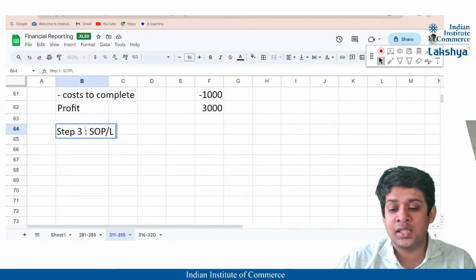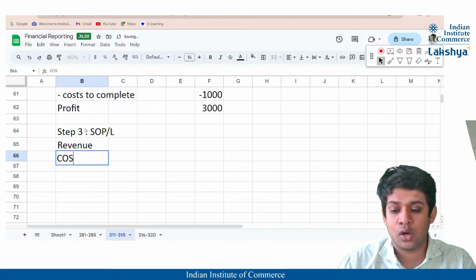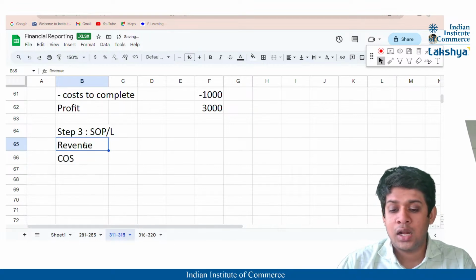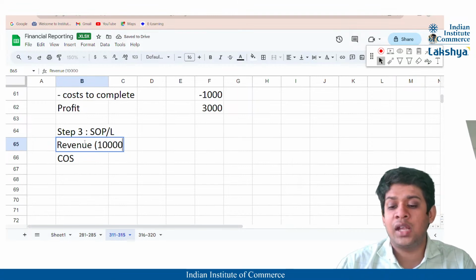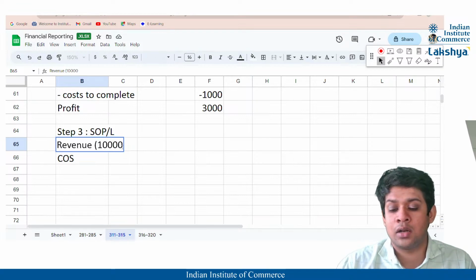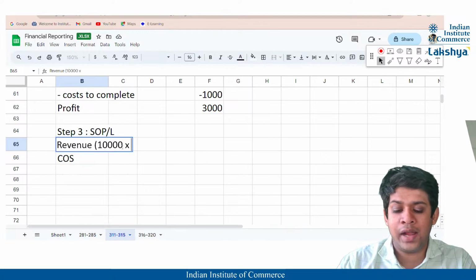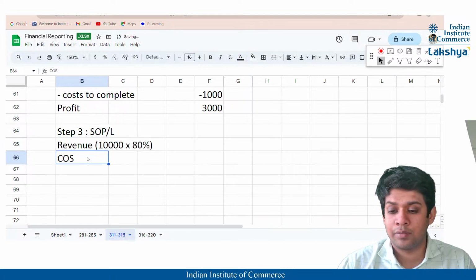So what will be recognized in the statement of profit or loss? We will have our revenue and the cost of sales. Revenue is nothing but the total contract price of 10,000. We can recognize the total revenue once the complete project is done, right? Right now we have done only 80% of the project, so we can recognize only 80%.